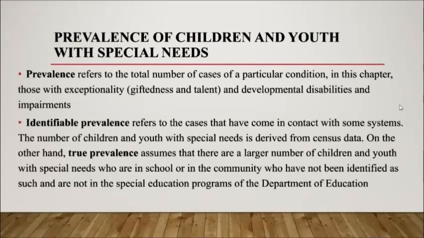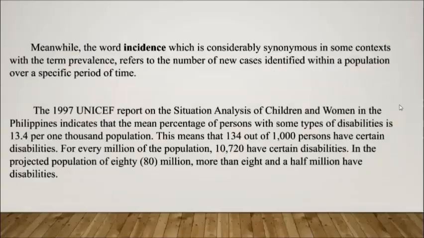On the other hand, true prevalence assumes that there are a larger number of children and youth with special needs who are in school or in the community, who have not yet been identified as such and are not in the special education programs of the Department of Education.